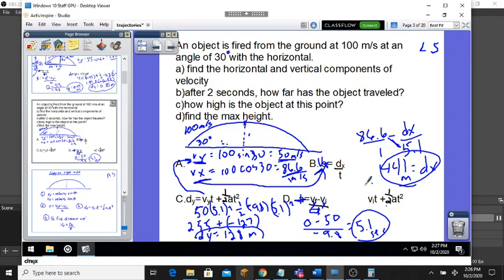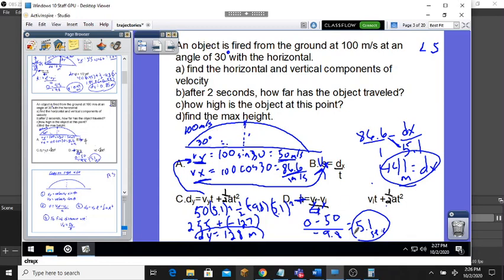So this told us several things. What would we do if we threw this object and we have the velocity and the angle, and we know that it's climbing at 50 meters per second? That's how fast it's going up. It's going to the right 86.6 meters per second.